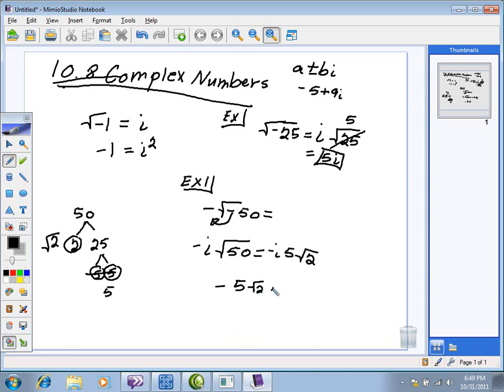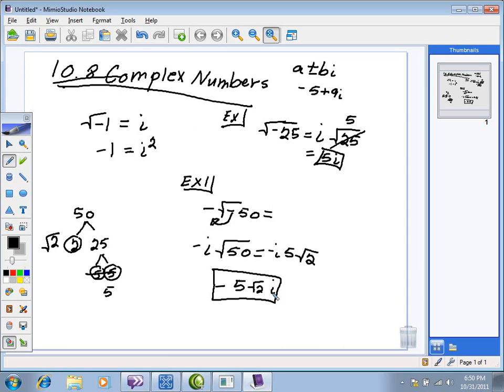Then we have i. Now guys, just like anything else in math, you can mix up your x's and y's and stuff. Every piece of this is attached by multiplication, right? That says negative 5 times the square root of 2 times i. It's the same thing no matter what, but as far as writing it pretty and getting familiar with how the book's going to expect it, or MyMathLab, it's with i at the end. That's not too bad, is it?